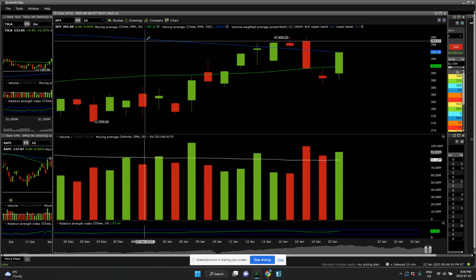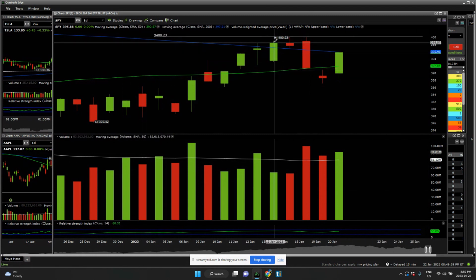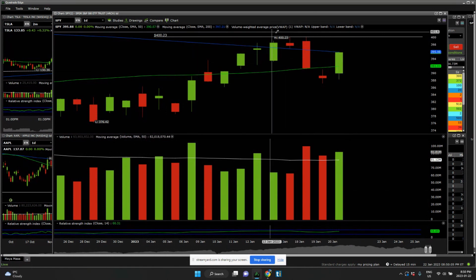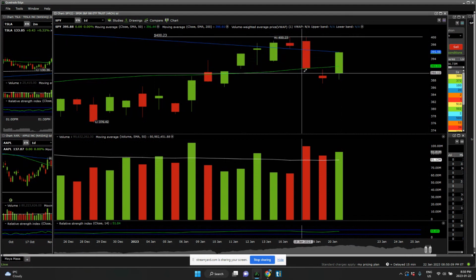So this 400 test is massive on the SPY. It's going to have a hard time breaking through this 400, if not tomorrow. This 400 is enormous on this rejection move. It happened on retail sales.